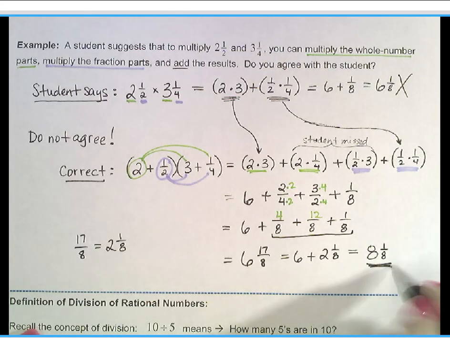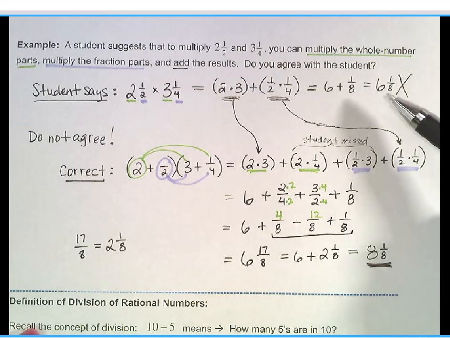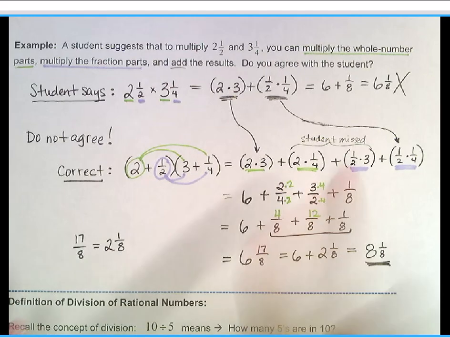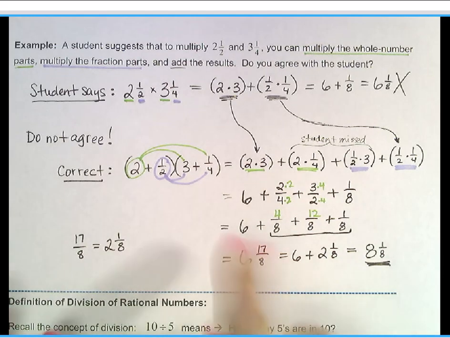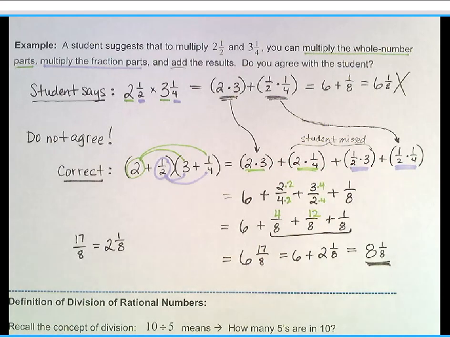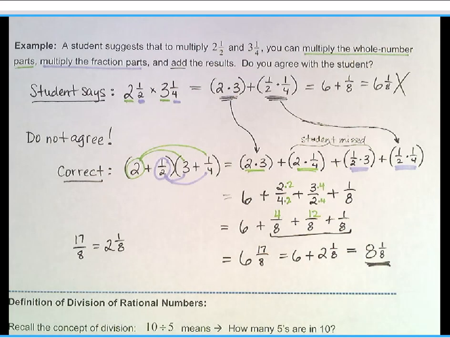So that's actually what the correct answer is. The student said it was 6 and 1/8, so they were off by quite a bit. But regardless, now you've seen a whole other example worked, but the point is it's 4 pieces, and so you've got to remember to have all 4 of those in there. And then the rest of it is just adding up your fractions and making sure that everything is in reduced form.